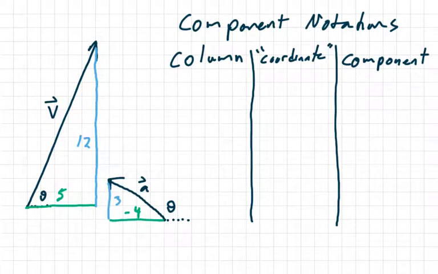So there's 3 different notations for this component form of vectors. Okay, there's one, the column form that the IB really likes. You just put it in a column, and it's going to be the x over the y. Then there's sort of a coordinate form, and notice I put coordinate in quotes.